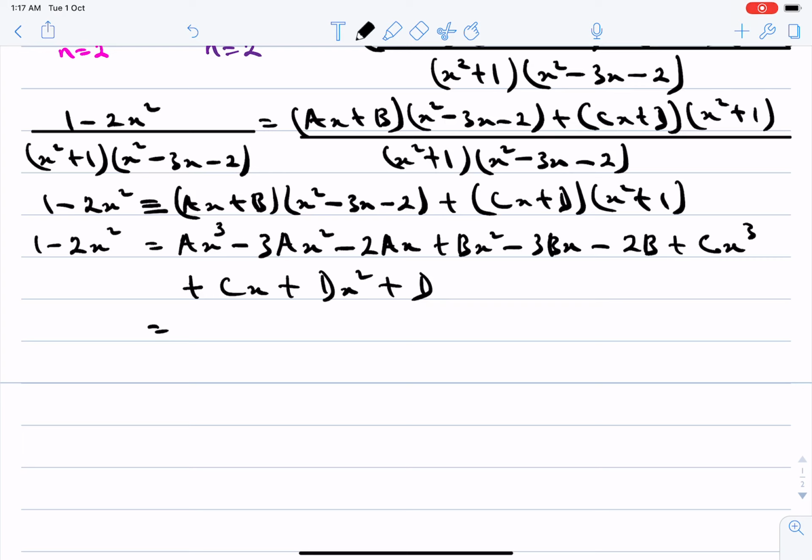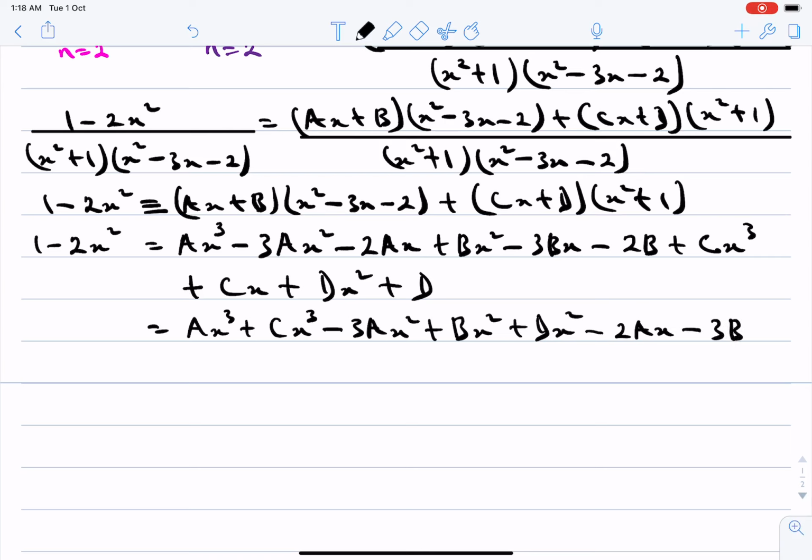Collecting like terms: ax cubed plus cx cubed, minus 3ax squared plus bx squared plus dx squared, minus 2ax minus 3bx plus cx, minus 2b plus d.